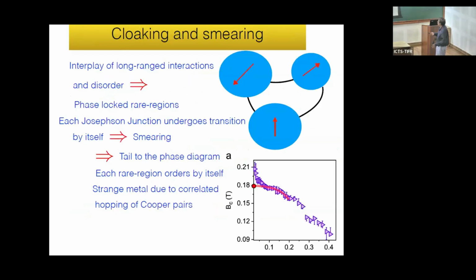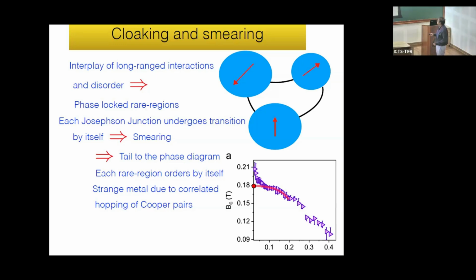So this is the sort of picture that you have: an interplay of long-range interaction and disorder. These individual regions phase lock, and you can think of them as individual Josephson junctions. Each Josephson junction undergoes a transition by itself, and this essentially provides a tail to the phase diagram.